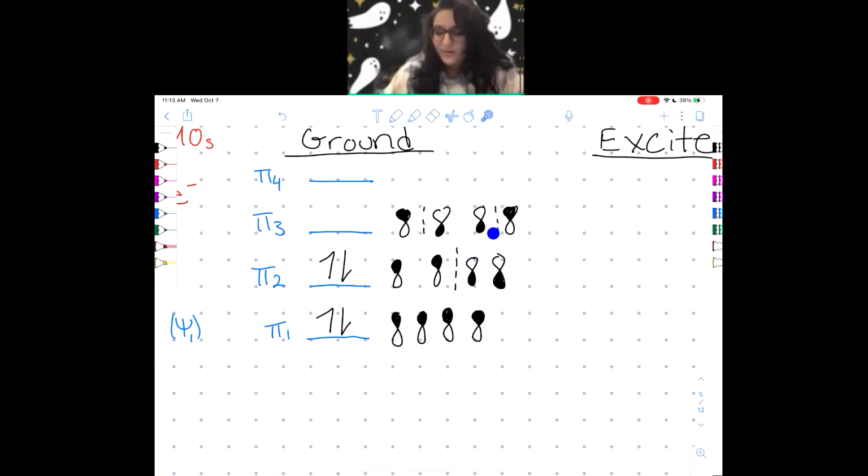So we have 2 nodes, but we flip 1, 2 like that. In the last state, every orbital will have a node in between it. So we have 3 nodes, and so we flip every single one. So it would be up, down, up, down.